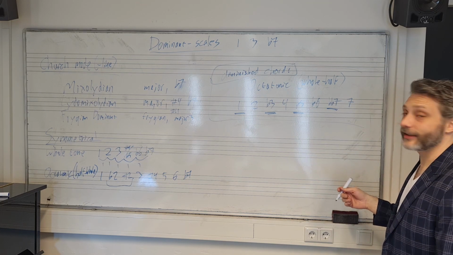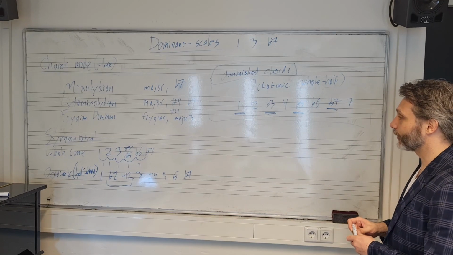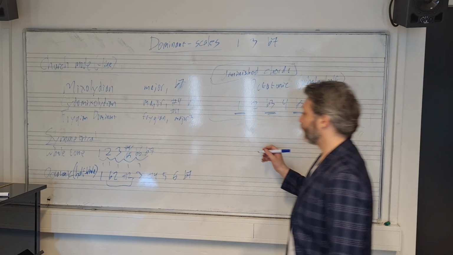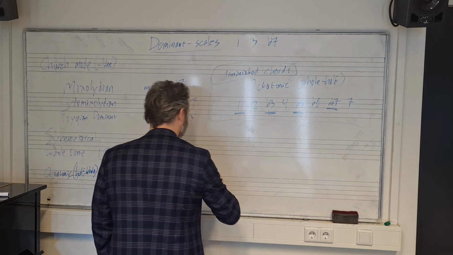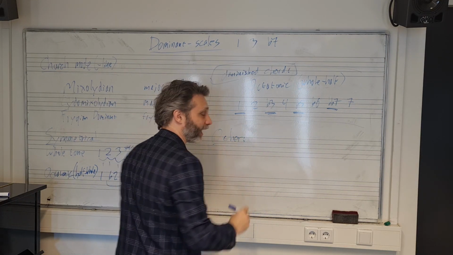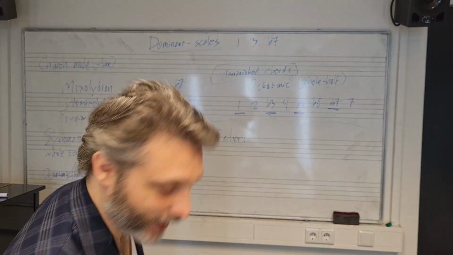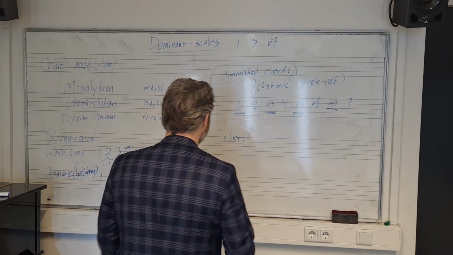For now, I'd like to give you 2 more scales to use on dominant chords. Now, this category is called other, because I'm at a loss, I don't know how to categorize these things anymore.